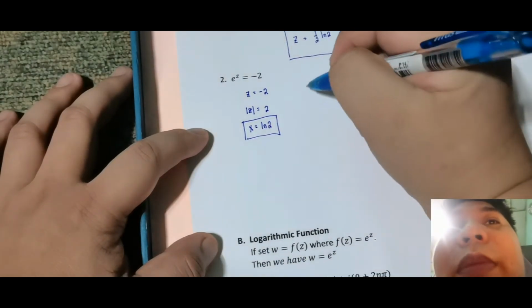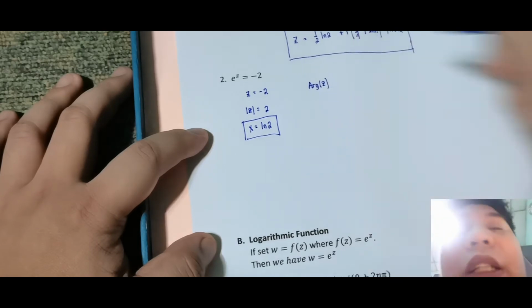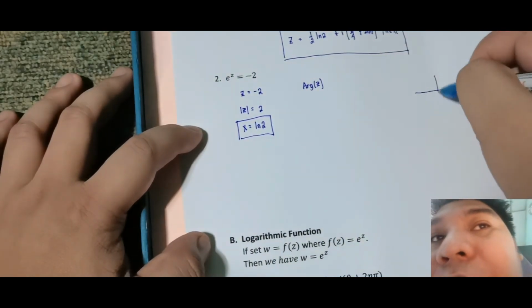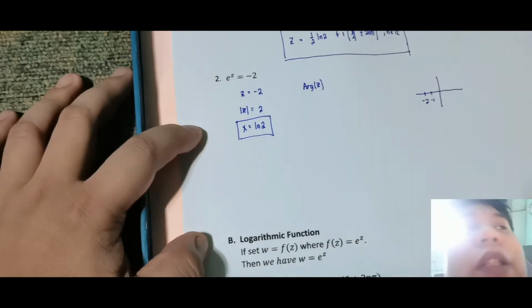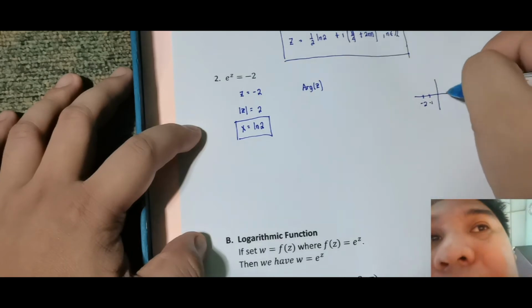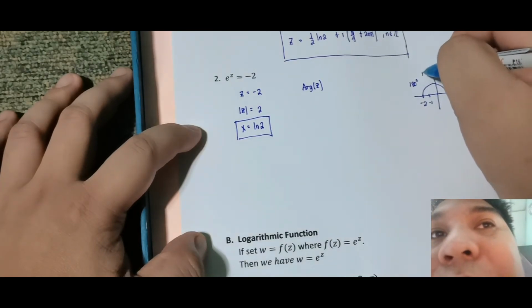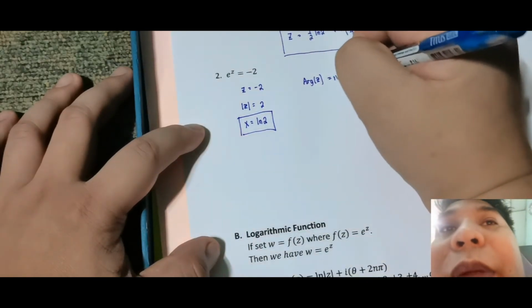Okay, next, what is the argument or the principal argument? The principal argument of z, so nasan ba si negative 2? Si negative 2 is quadrantal. No? So, andito siya. Si negative 2 nandyan, negative 1, then 0. So, meaning, yung degree niya is just 180 degrees or just π. Tama. So, that is equal sa π.